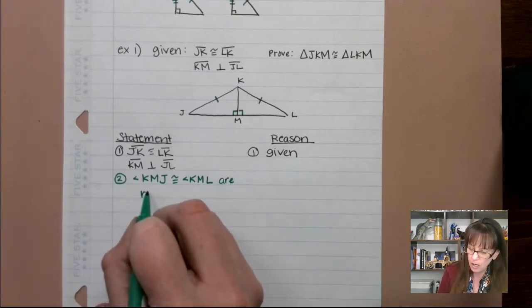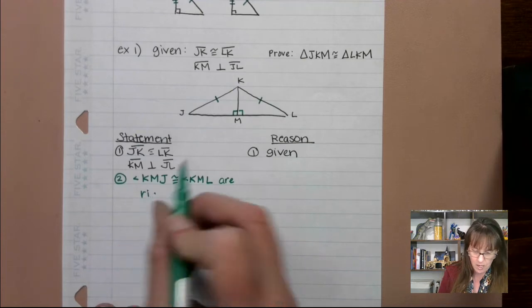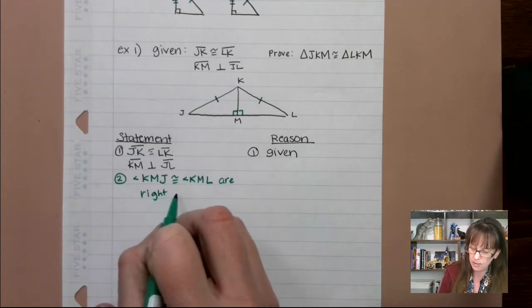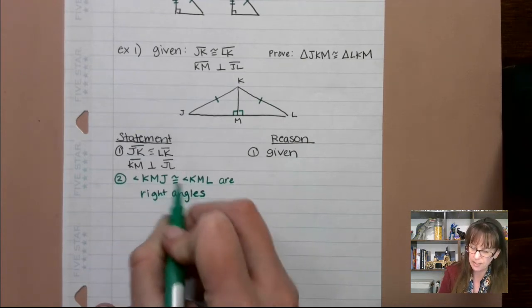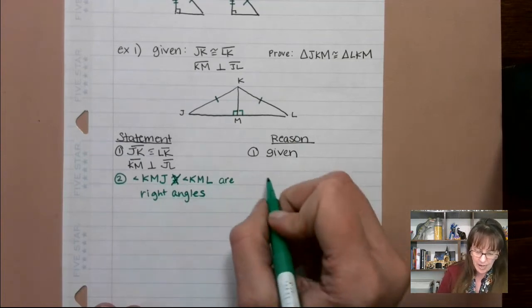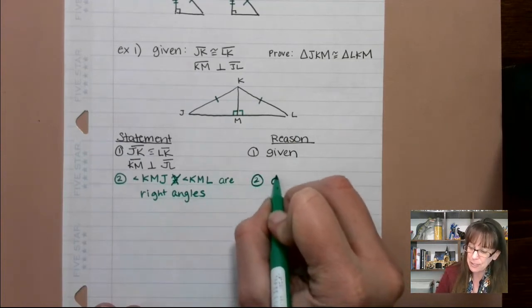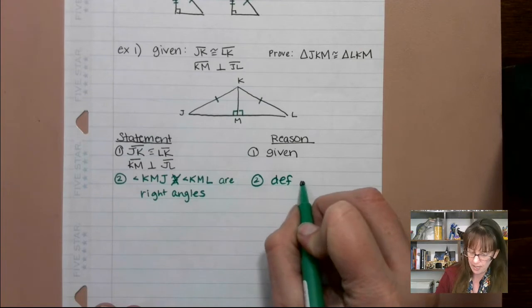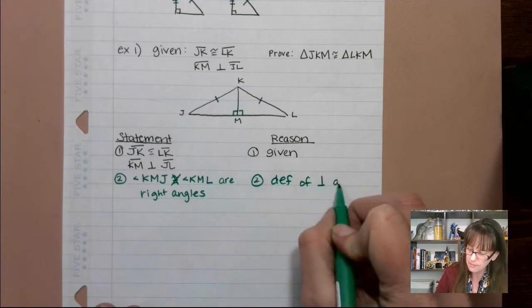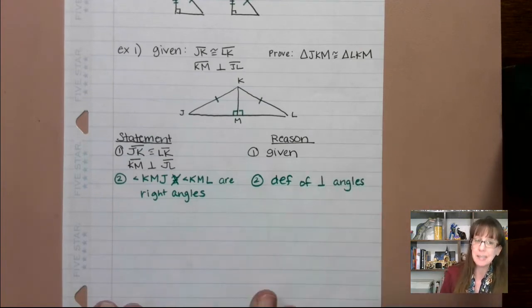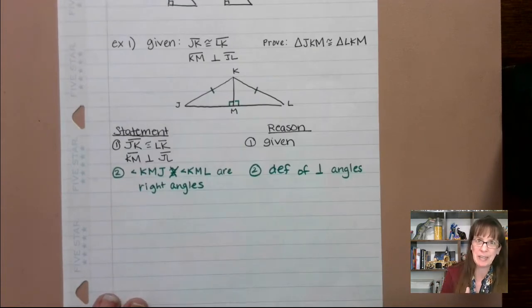So our right angles, I didn't mean to do congruent there. This is definition of right angles, or definition of perpendicular angles. Okay, as I was explaining, you first have to say that those are right angles, because the very definition of perpendicular is that it creates these right angles, right?